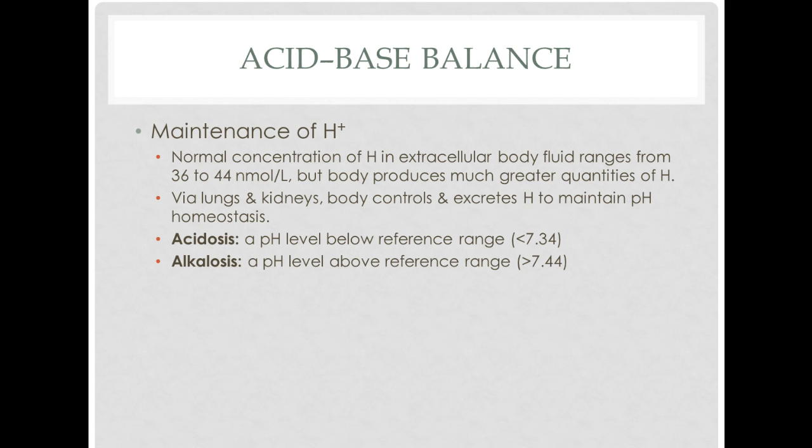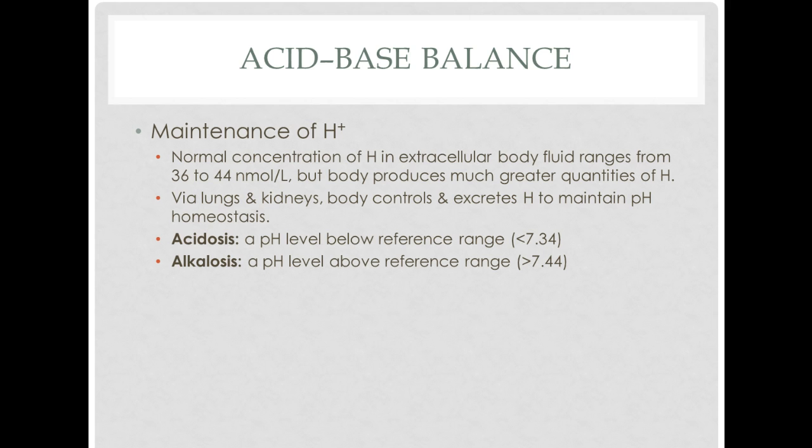We talk about the maintenance of hydrogen ions quite a bit. The normal concentration of hydrogen in extracellular body fluid ranges from 36 to 44 nanomoles per liter, but the body produces a much greater quantity of hydrogen. The lungs and the kidneys and the body control and excrete hydrogen to maintain pH homeostasis, or regularity.